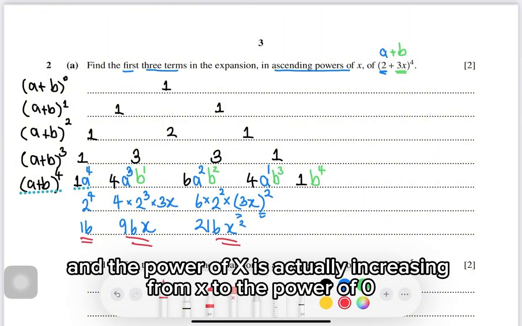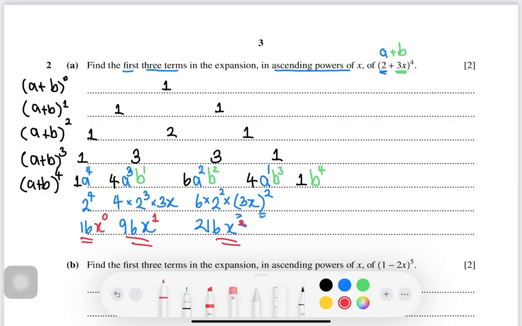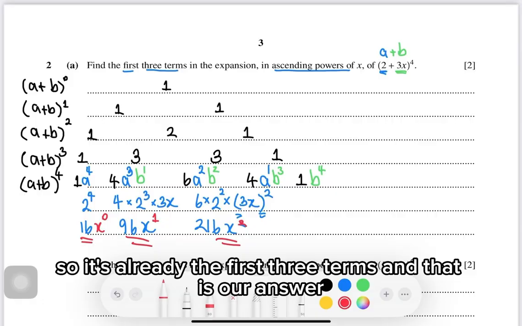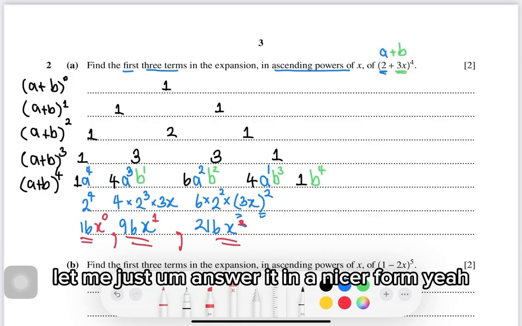And the power of x is increasing from x to the power of 0 to x to the power of 1 and x to the power of 2. So it's already the first three terms, and that is our answer. That's it. Let me just write the answer in a nicer form.